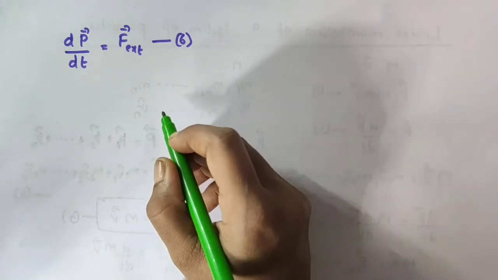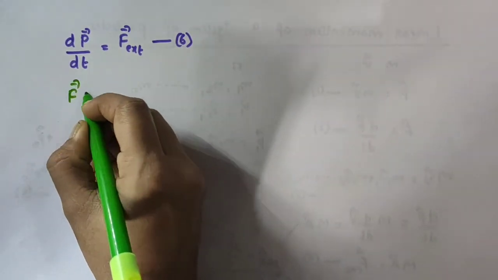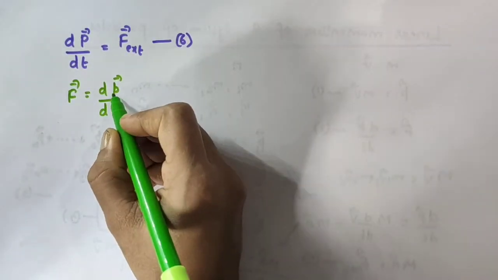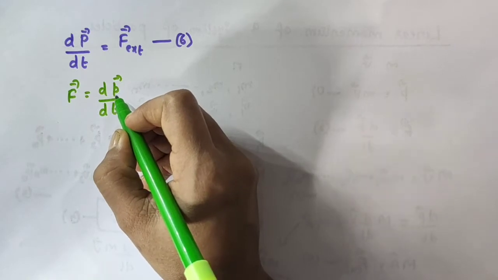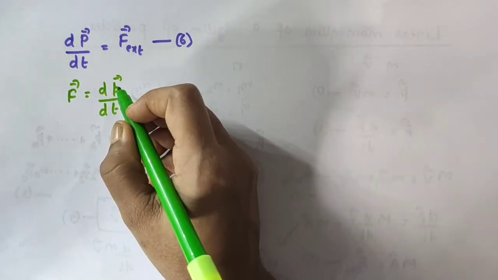For a single particle, Newton's second law is written in symbolic form like this: vector F is equal to d vector p divided by dt. This vector p is the momentum of that particular particle. We are considering only one particle, so the momentum of that particle.